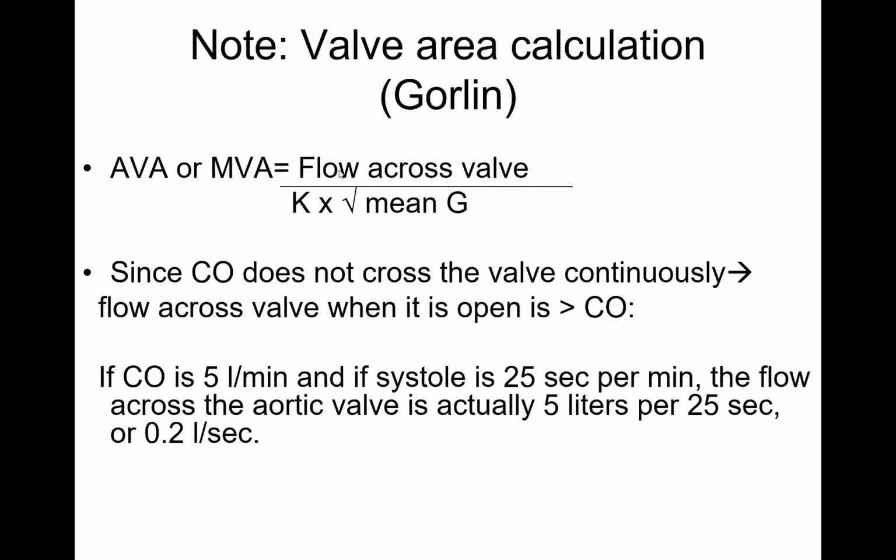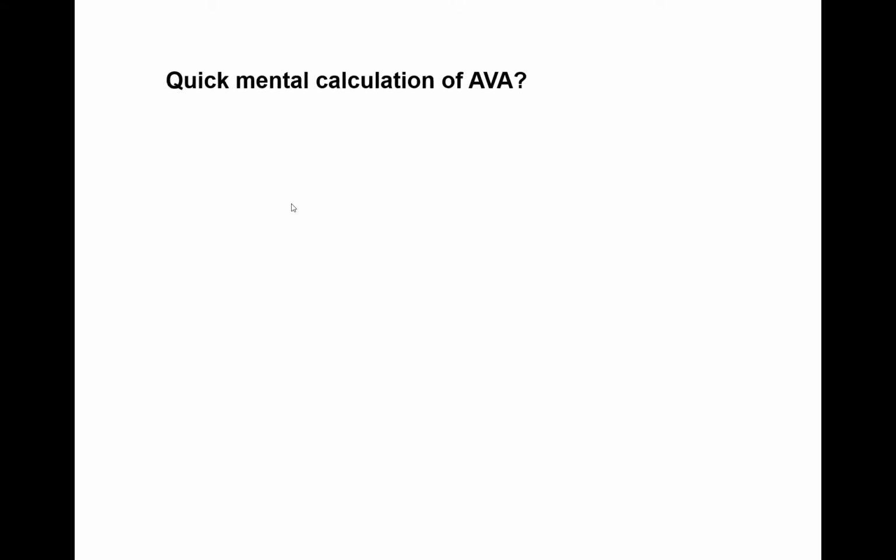Now I always tell fellows, what is the flow across the aortic valve? If you have a cardiac output of 5, let me ask here, first year fellow, Arouj, if you have a cardiac output of 5 liters per minute, what is the flow across the aortic valve?